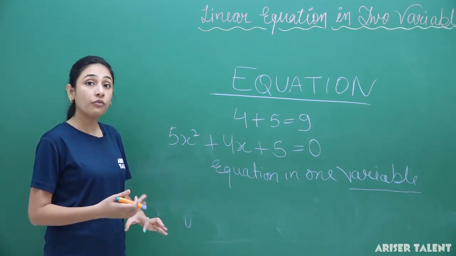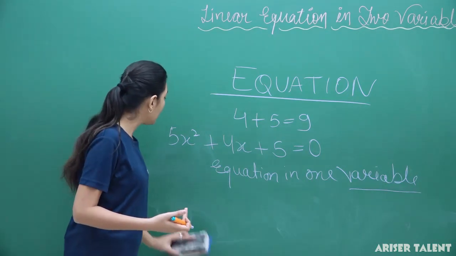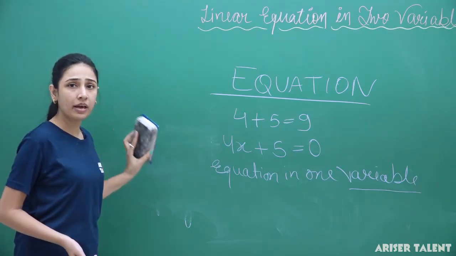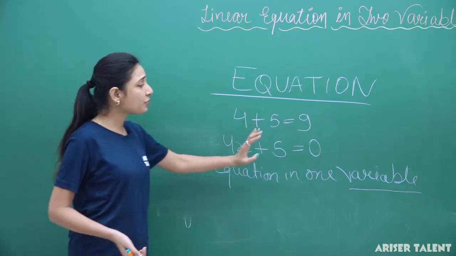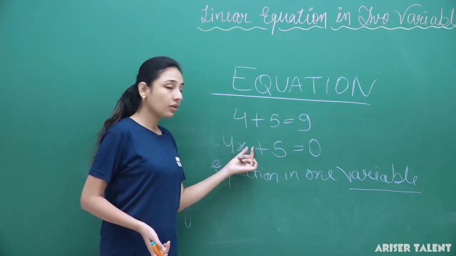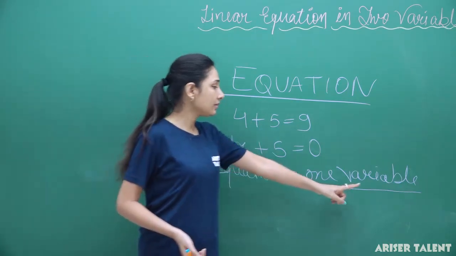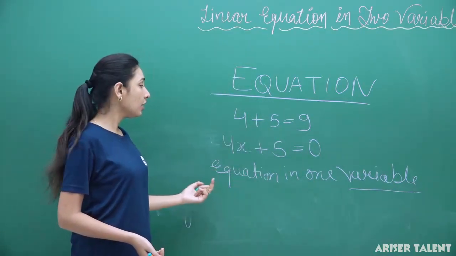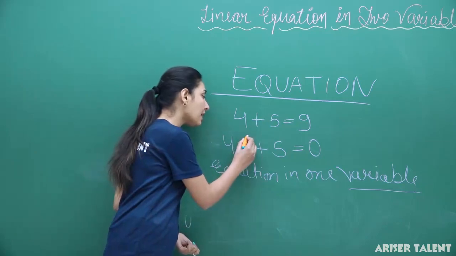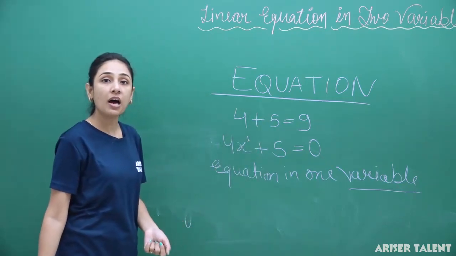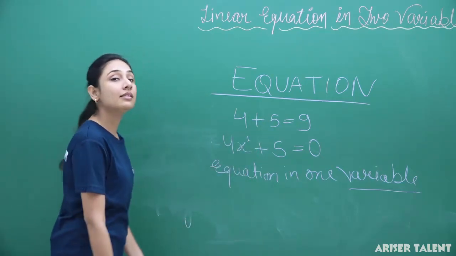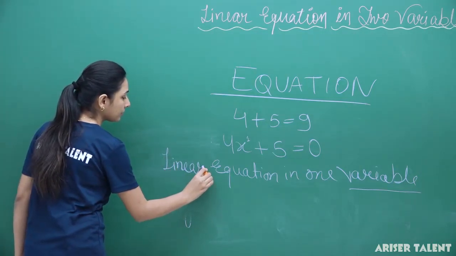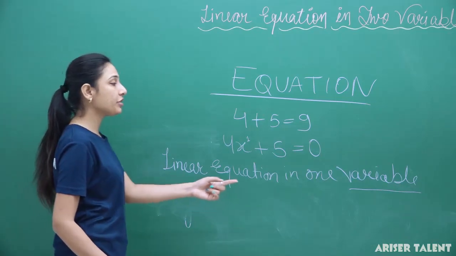Then what is linear? If I take 4x plus 5, having x only, that means it is an equation in one variable. It has highest power as 1 only, that means this is a linear equation in one variable.